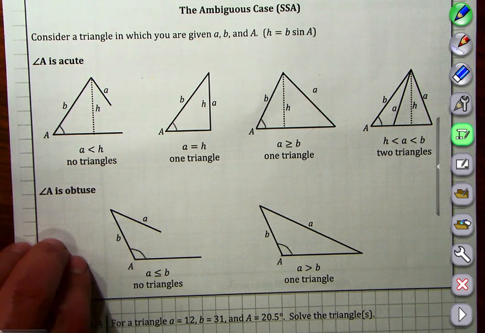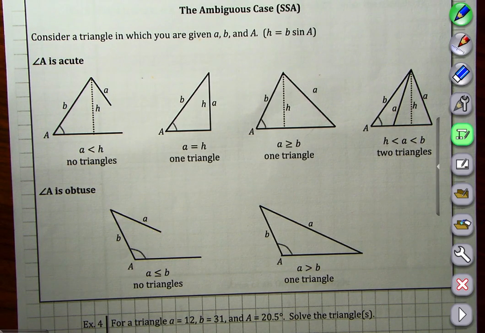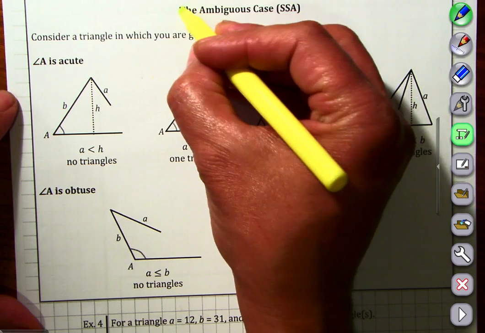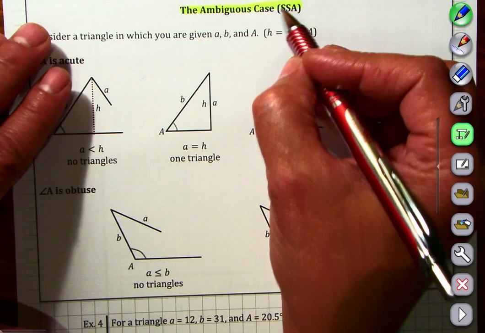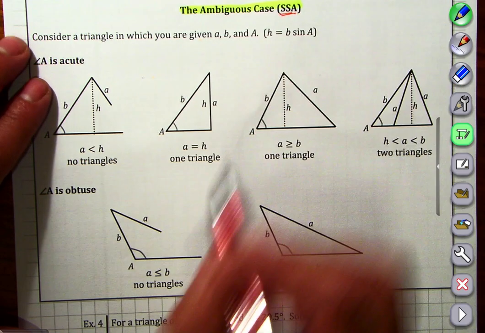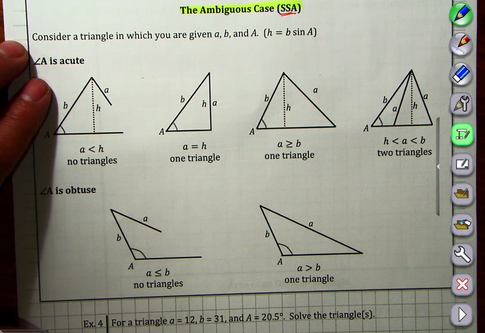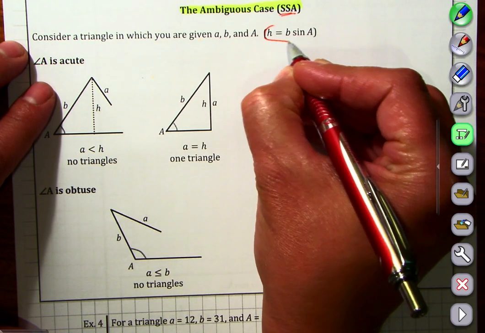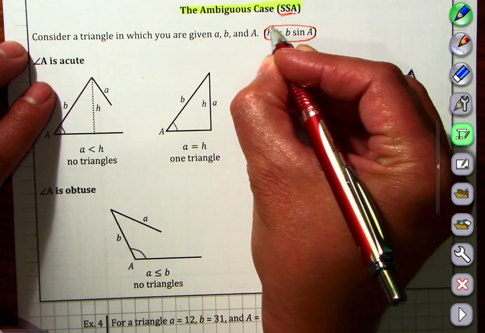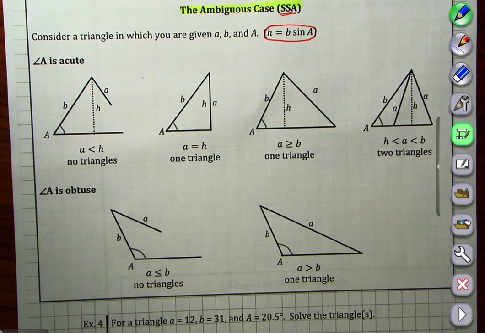So every time that you're looking for an angle and you are using the law of sines, you might end up with an extraneous solution. So one of the things that you must find is the height using the following formula, which we used at the beginning of the lesson.